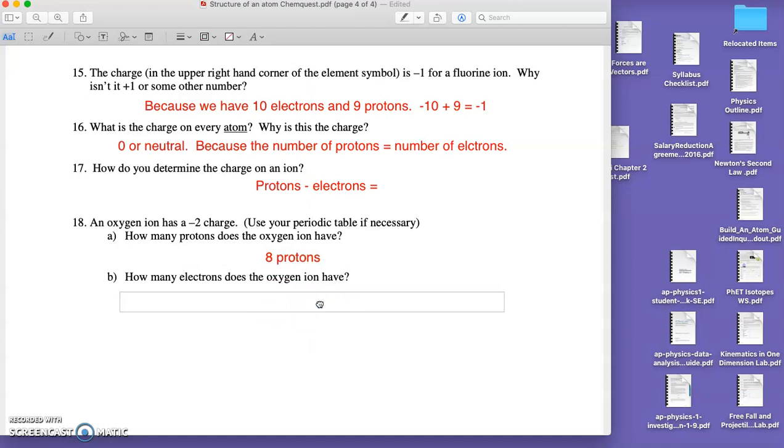So if we have 8 protons minus X, which is our number of electrons, it should equal a -2 charge. So 8 minus X equals -2. And if I do the math and subtract 8 from each side, -X equals -10. X equals 10. So that means it'll have 10 electrons.